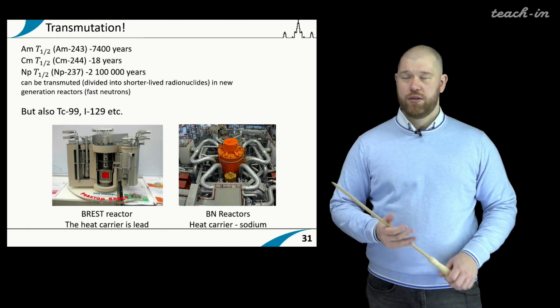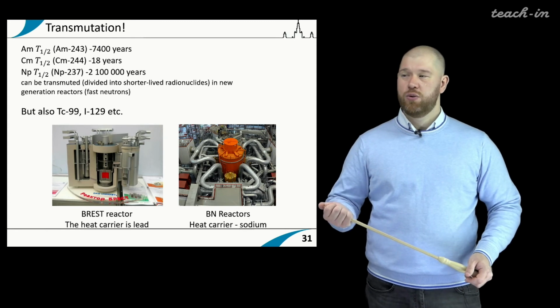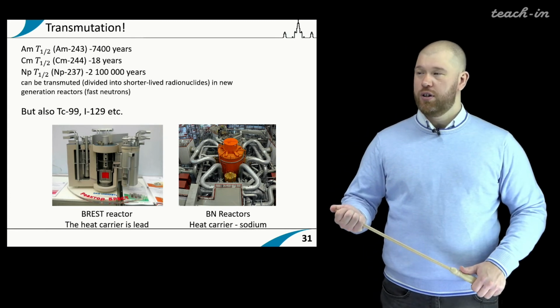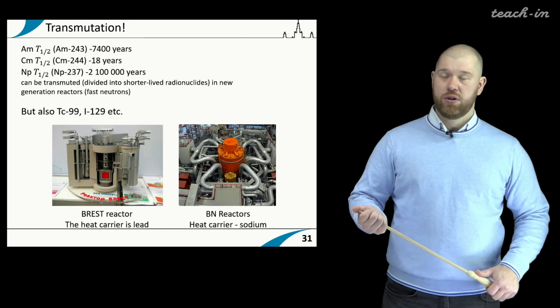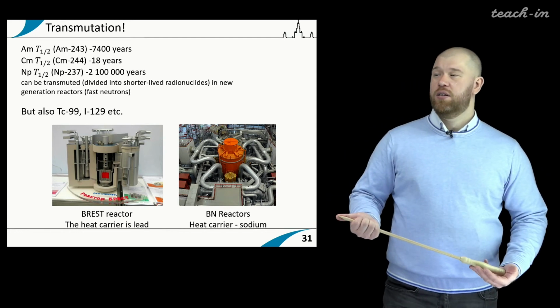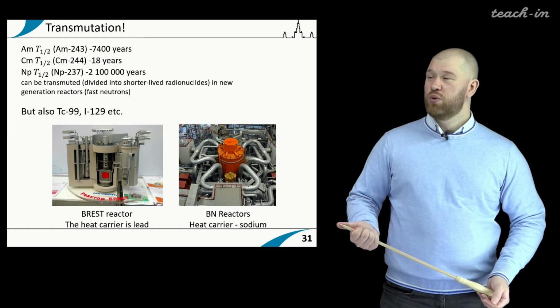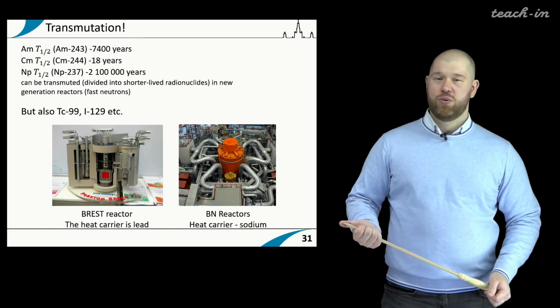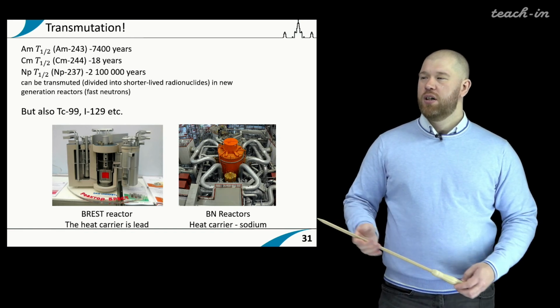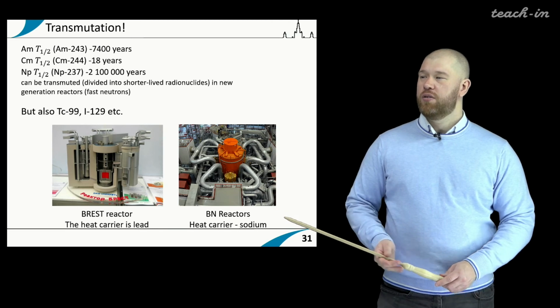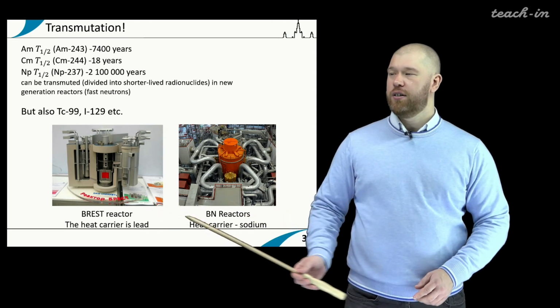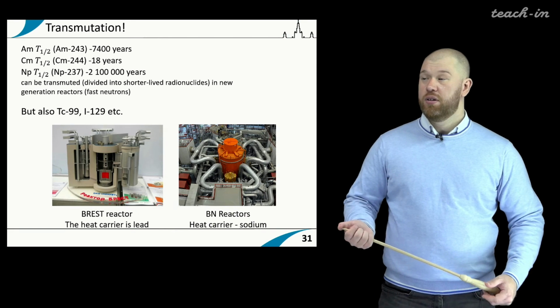So for fast neutron reactors we cannot use water as a heat carrier, because water moderates neutrons and so decelerates neutrons. Thus we have to use other materials. In this case it's sodium, and for the Brest reactor the heat carrier will be lead.